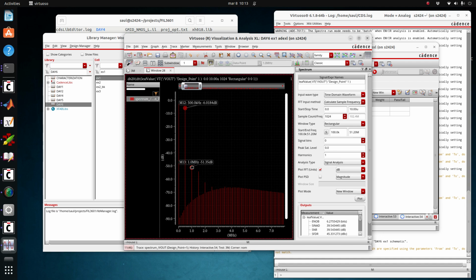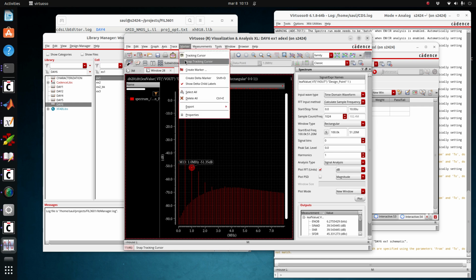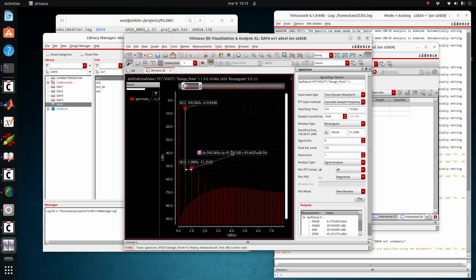Okay, so let's very quickly take the distortion levels here. Create a delta marker, and we see that the second order distortion is around 45 dB under the fundamental, which shows that now the distortions are dominated by weak distortions, and it is not as good as at 1 kilohertz, and that is totally normal. Remember that in the loop gain, this amplifier is a physical system.